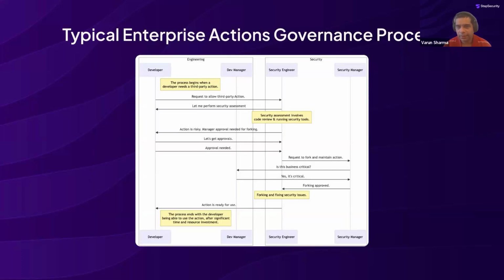At this point, they may realize that this action is in good standing and may approve it, or they may realize that they don't really trust it and they decide to fork that action in a different org or in their own org that they have access to. And once they've taken this decision either to add it or to fork it or to reject the use of that action, they can then communicate this back to the developer, and then the developer can start using it accordingly.